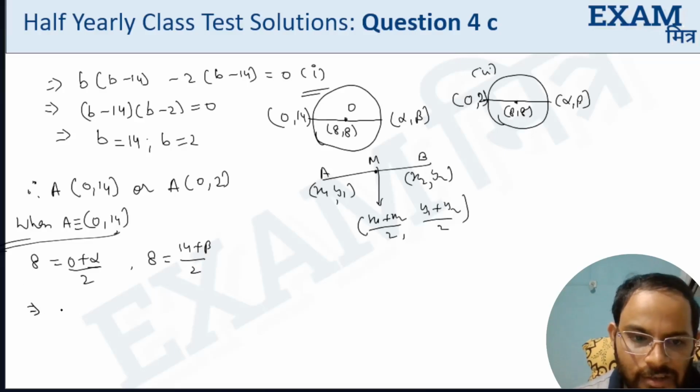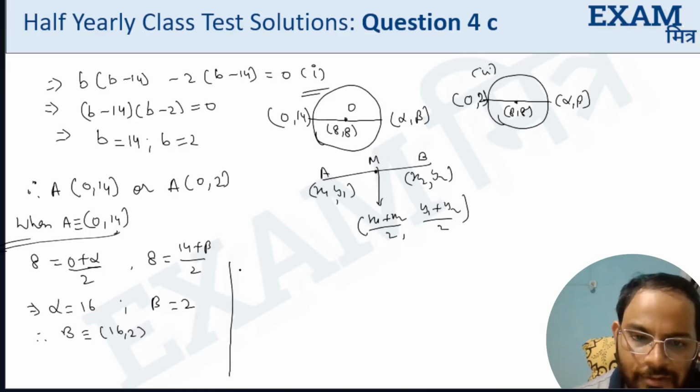If you solve it, you get alpha as 16 and beta as 2. So in that case, if A is (0, 14), B will be (16, 2).